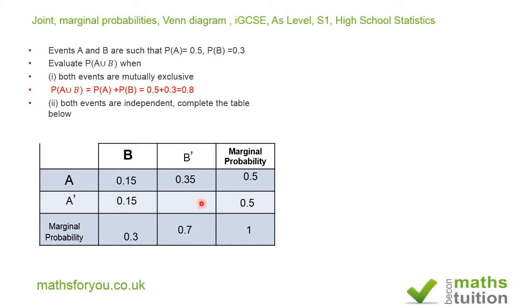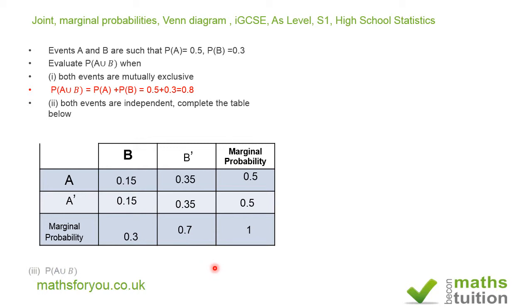And for the last cell, that's got to be 0.7 minus 0.35, and we end up with 0.35 there. Note that the sum of the probabilities of the intersections adds up to 1 as a check.